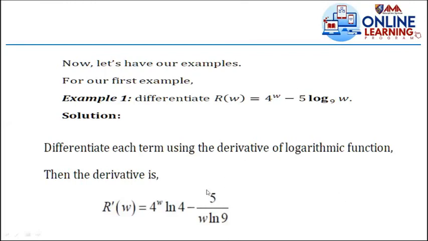So since 5 is constant, we have here 1 all over u, which is w, ln a, that is 9, then multiply by du, which is 1. So therefore, our answer is 5 divided by w ln 9. That is our answer.